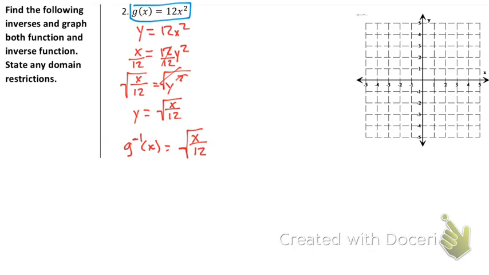All right, so the original points, if you remember, for a quadratic are these. 0, 0, 1, 1, 2, 4, negative 1, 1, and negative 2, 4.